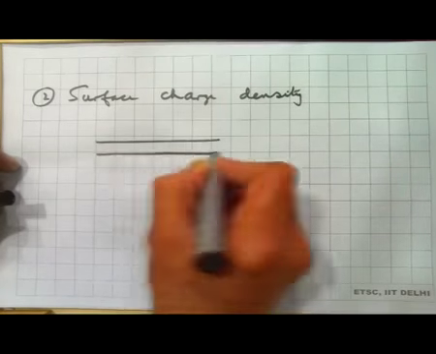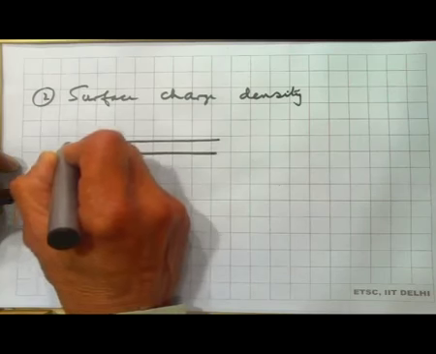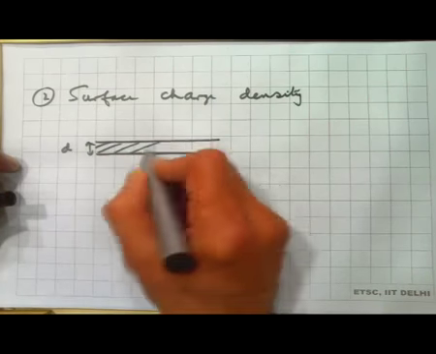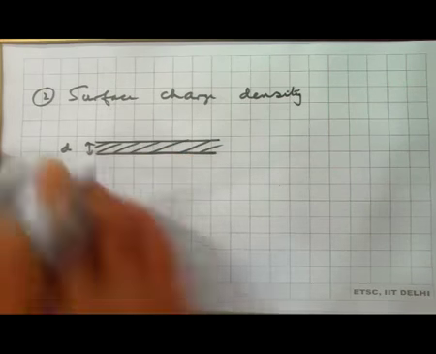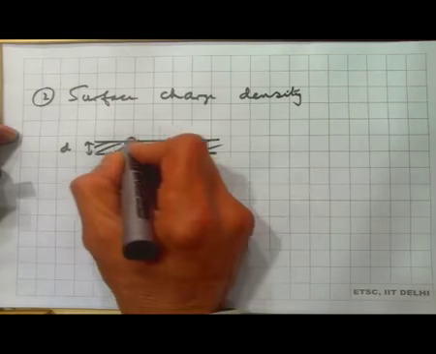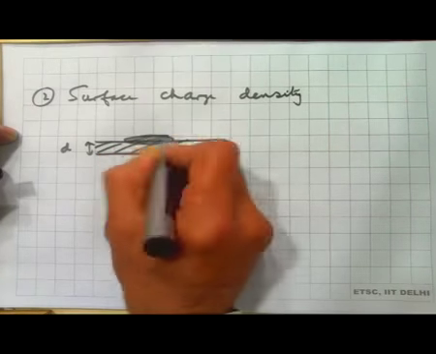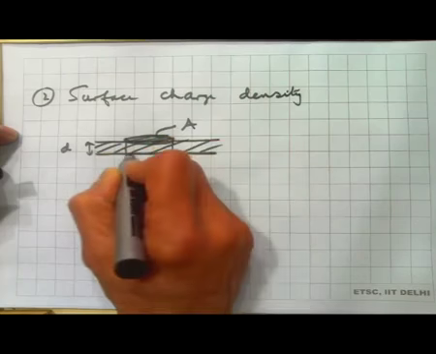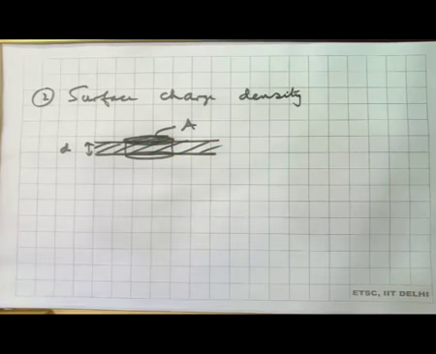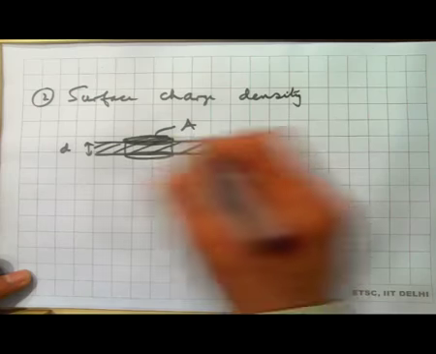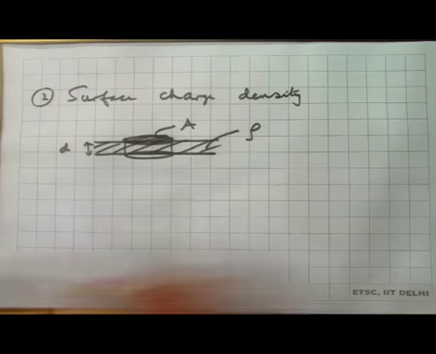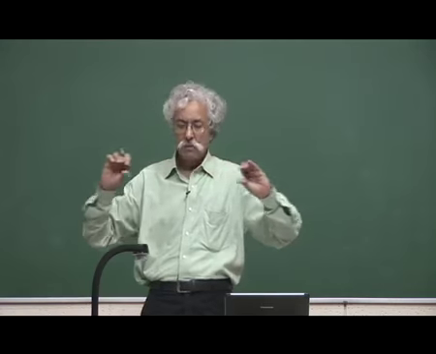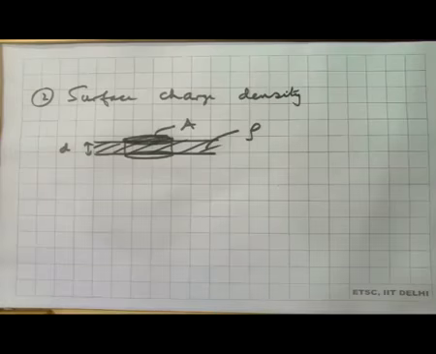Let me assume that I have a thin sheet of thickness d. It's a huge surface. So, let me take in this an area A. Let me assume that in this volume the charge density is rho. So, it is a thin layer of material, it has charge distributed across the volume, and rho is this volume charge density inside this material.